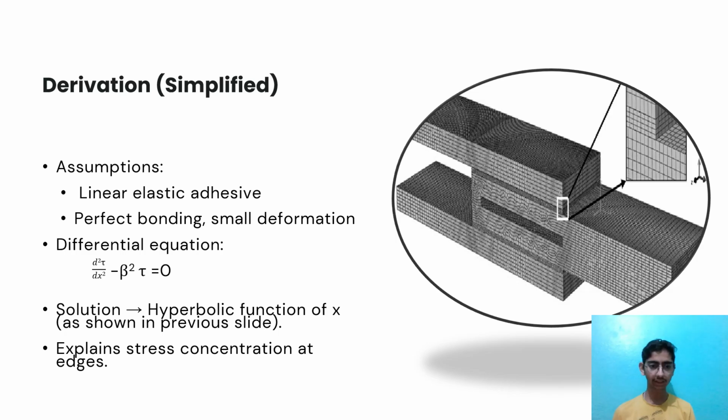We are seeing here d squared tau upon dx squared minus beta squared tau equals 0. The solution is a hyperbolic function of x as shown in the previous slide. This explains stress concentration at the edges. So here this is the edge. At the edge, we can find how much load is acting.